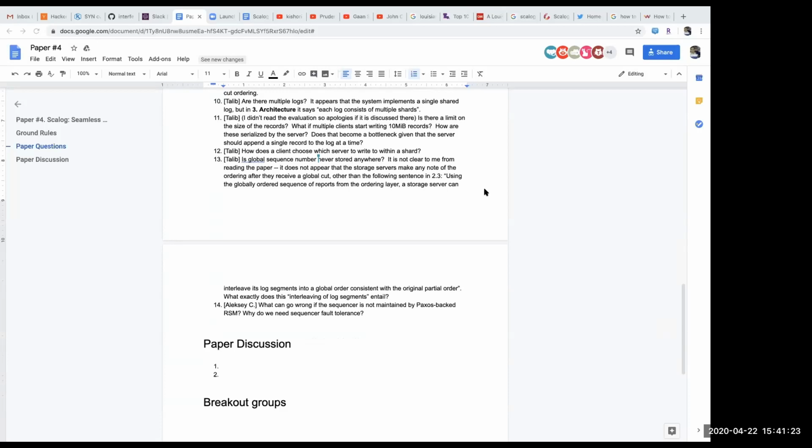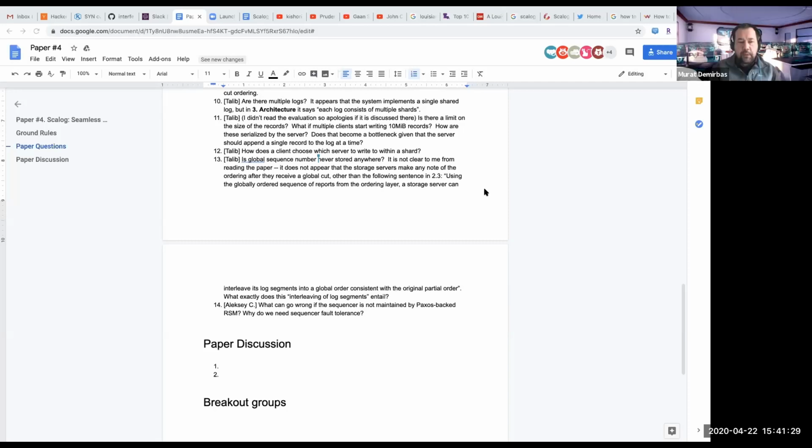Does that mean a server rearranges the log segments? Definitely the servers keep this as the watermark, because the servers can only serve reads up to that sequence number, their version of the global sequence. That's where it's stored, at the storage server.